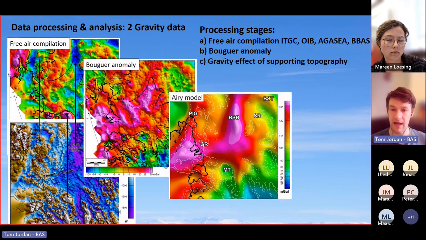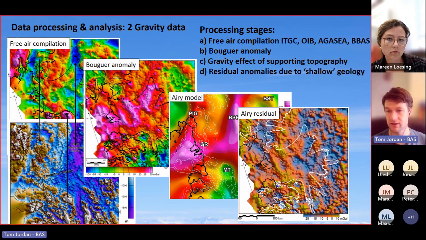We calculated an Airy isostatic model, which you can subtract from the Bouguer anomaly to give the Airy isostatic residual, which is theoretically just those high frequency gravity anomalies due to density contrast in the upper crust. And I stress we use an Airy model because it's a very quick way to calculate the isostatic compensation and the gravity effect of it.